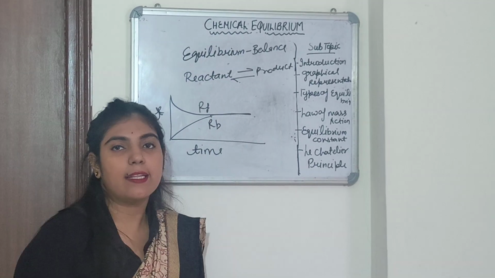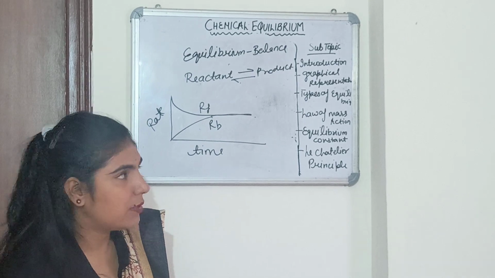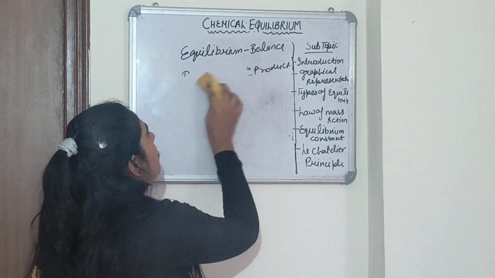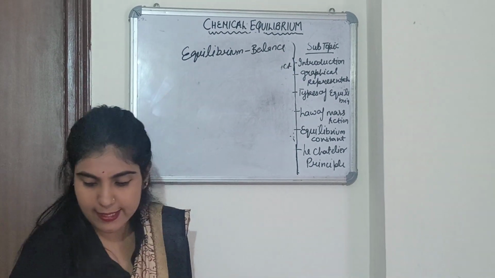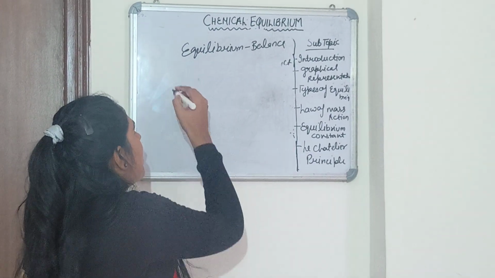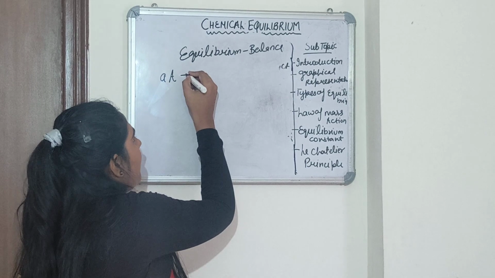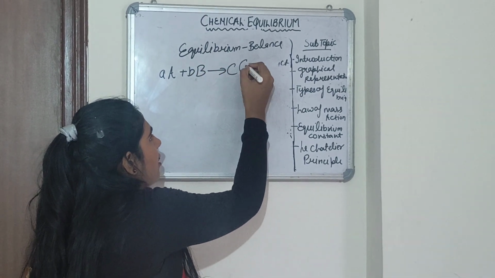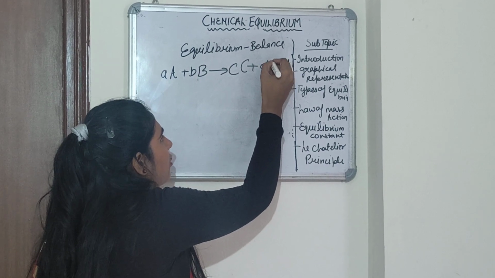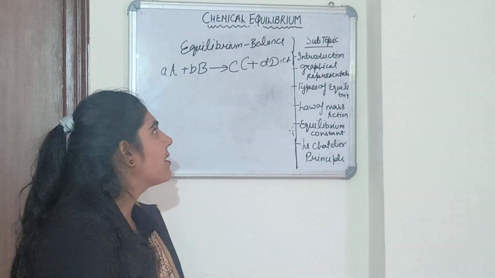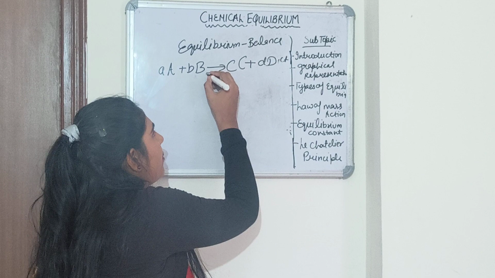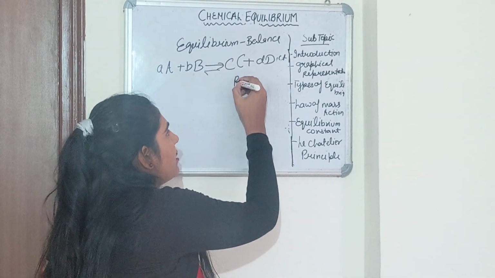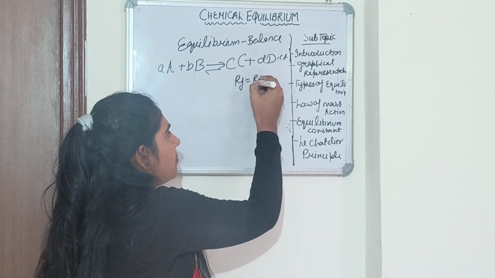We are going to understand this by a chemical equation. Let's take a reaction: a moles of A reactant plus b moles of B reactant gives c moles of C product and d moles of D product. In this case, the amount of product formed is equal to the amount of reactant formed. That means RF is equal to RB.